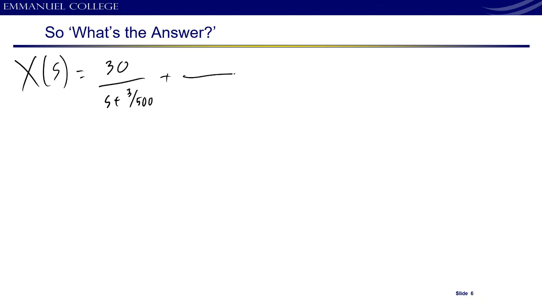And so if I plug all that in, we get that x of s is equal to, I'm just going to have to read it off from here. And I'm going to split it up: 30 over s plus 3/500ths, plus s times s plus 3/500ths.